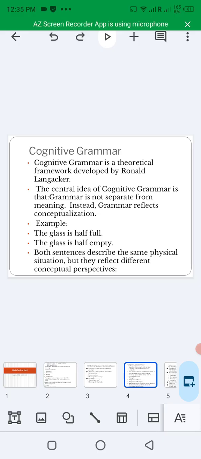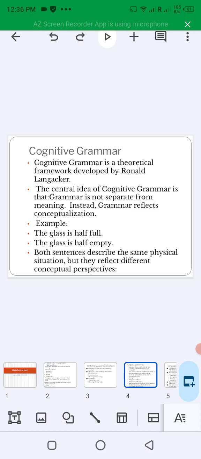Instead, grammar reflects the conceptualizations of a speaker: what the speaker wants to say, and what will be the meaning of the way he is speaking while using a certain grammar. Linguistic structures represent how speakers mentally perceive and describe the world.